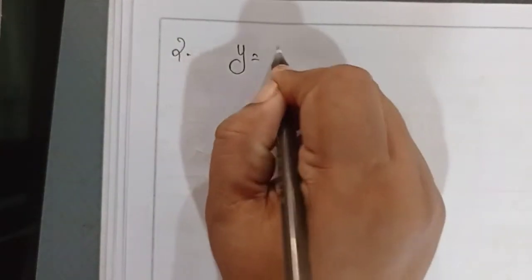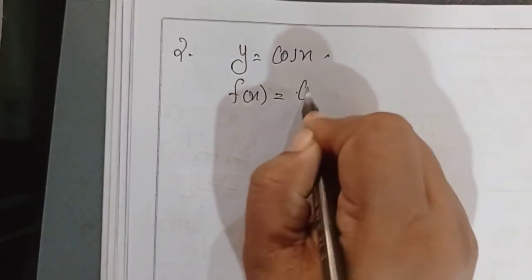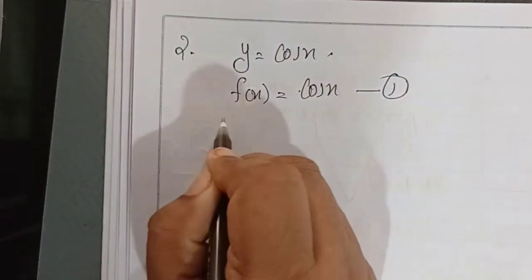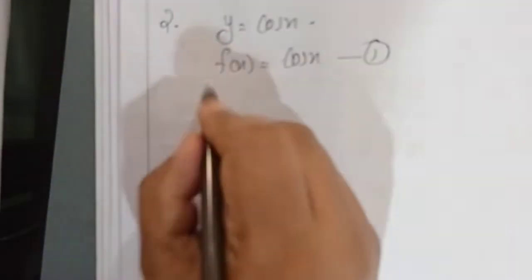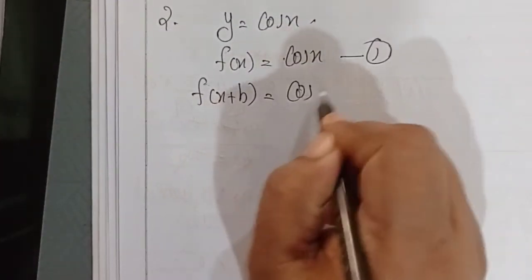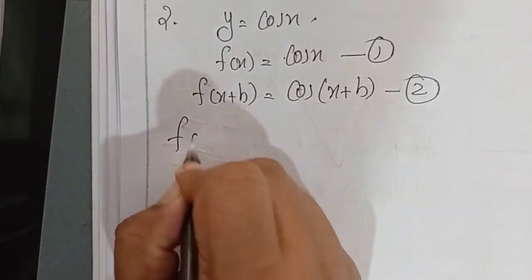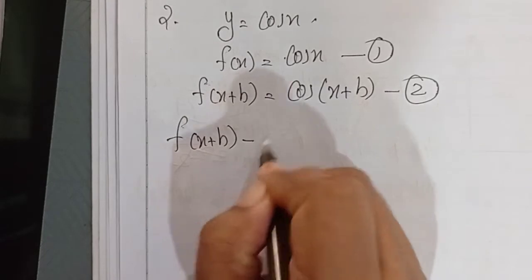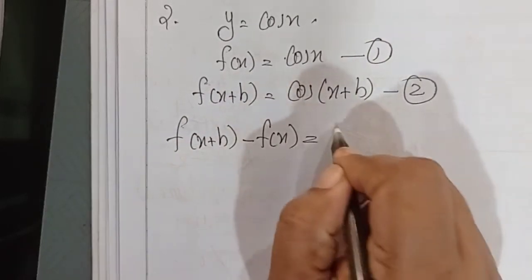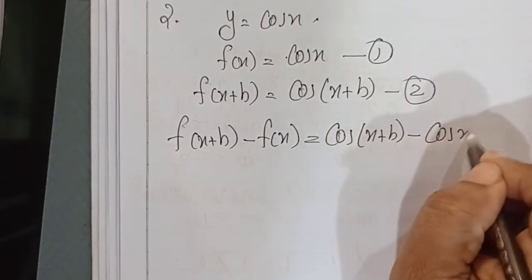y equal to cos x. f(x) equal to cos x. 1. h be the small increment. Therefore, f of x plus h is equal to cos of x plus h. Put 2. f of x plus h minus f of x equal to cos of x plus h minus cos x.